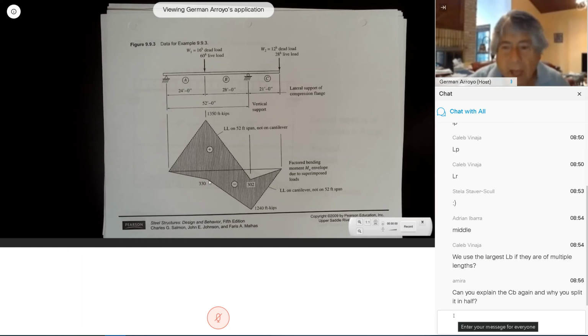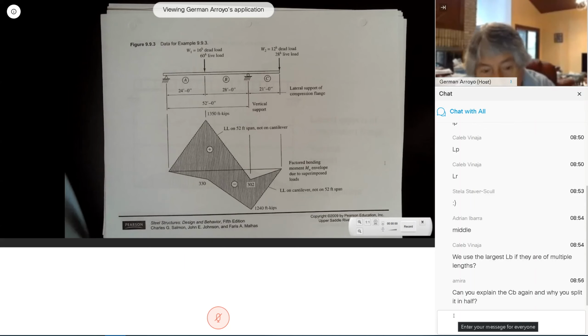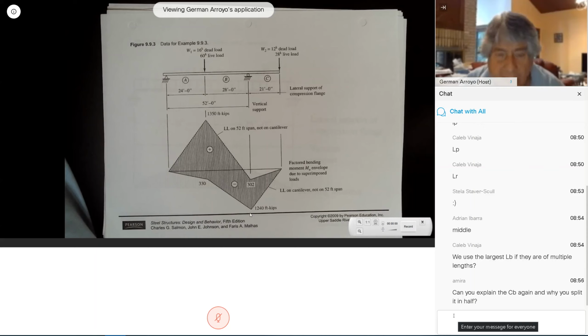So remember, we need to play with the live load to produce the maximum positive and the maximum negative. The dead load is always there, and this has to do with the influence line that we learned in structures.